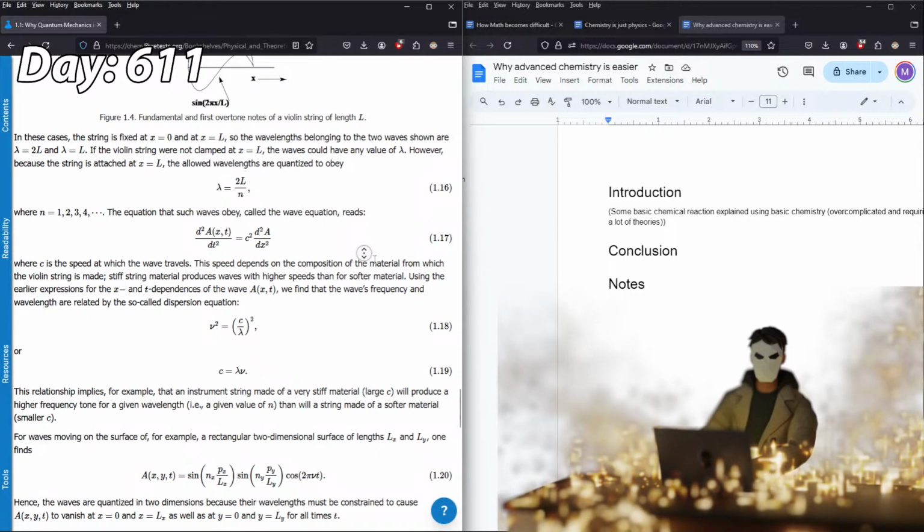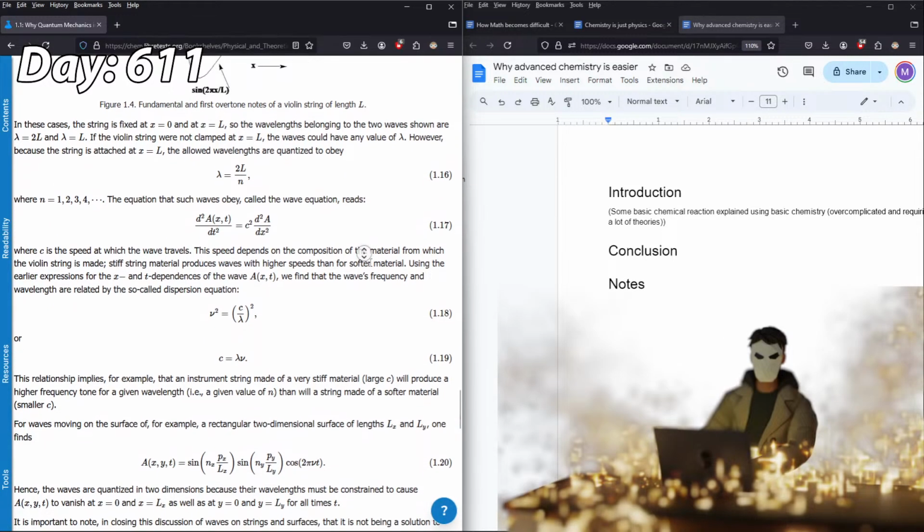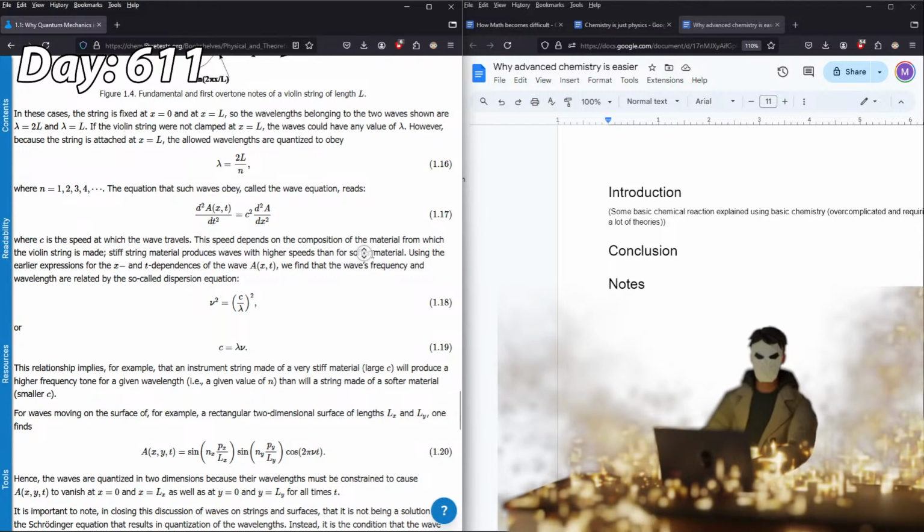Wavelength context to obey this. Okay, yeah, makes sense.